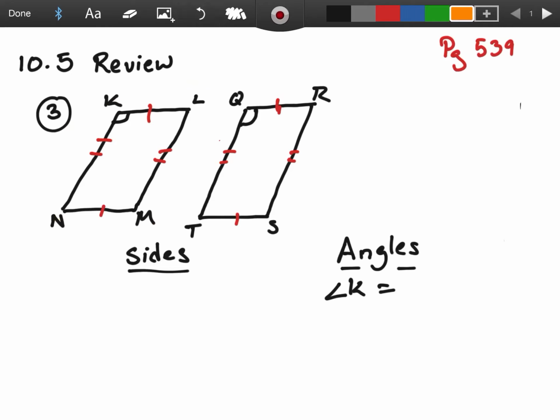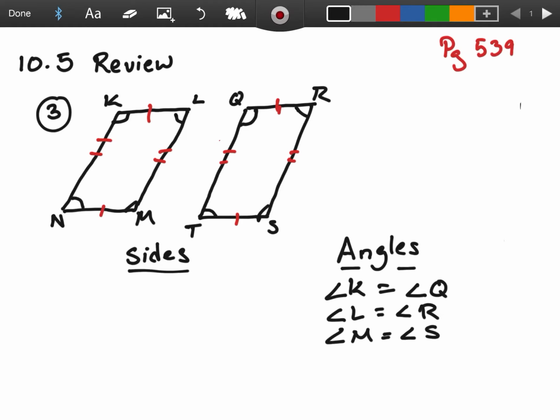So angle K and angle Q. Next is angle L and angle R. There we have angle M and angle S. And then lastly, angle N and angle T.